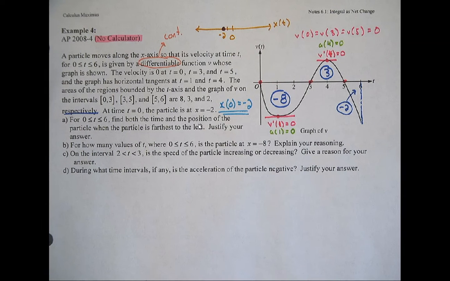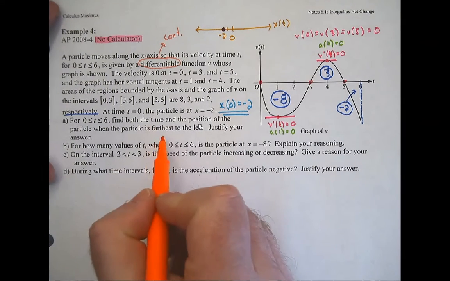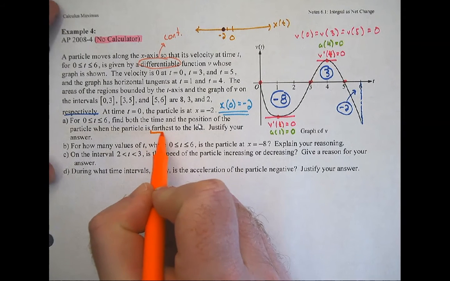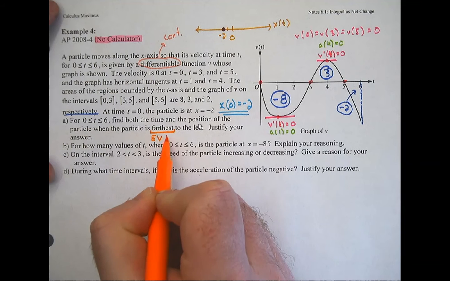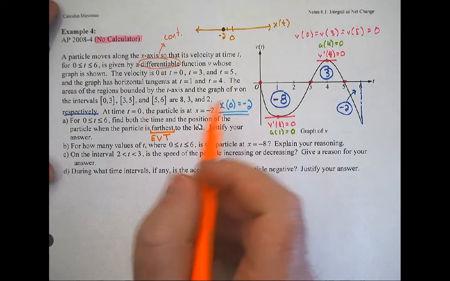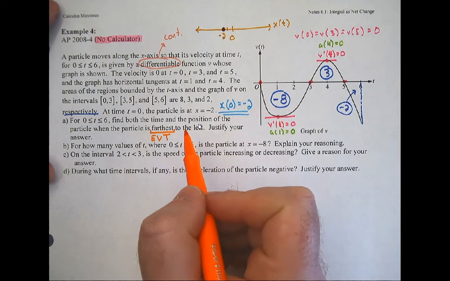Then we also had the MVT, that guaranteed that there was some slope on an interval that was the same as the slope of the whole interval, the average rate of change for the whole interval. And then we also had the one that has to do with the biggest or smallest. This is what we call the EVT, the extreme value theorem.